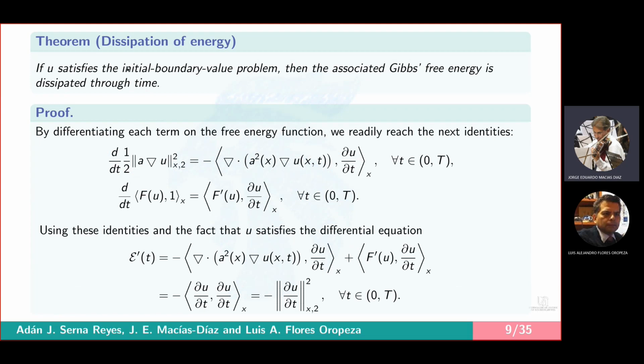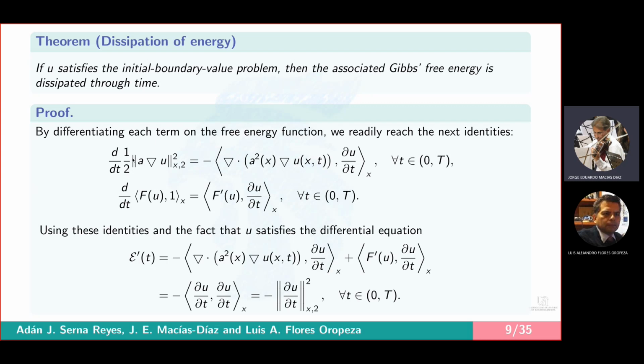This is probably the most important theoretical analytical result of this presentation, so we call it the dissipation of energy theorem. If u satisfies the initial-boundary value problem, then the associated Gibbs free energy is dissipated throughout time. The way to establish this result is by taking the derivative on both sides of the energy function.